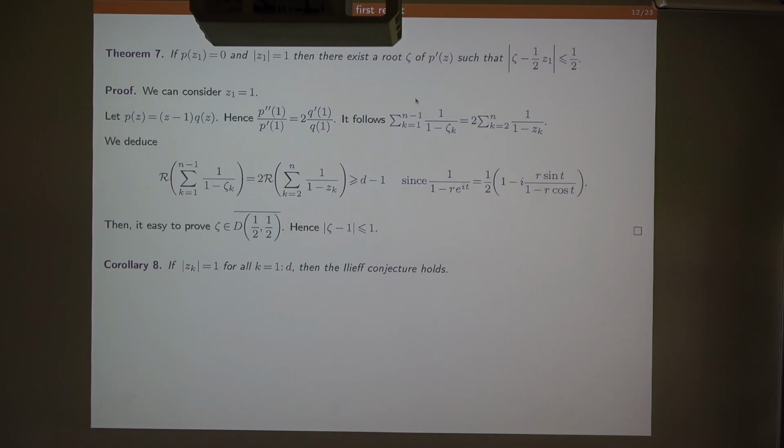The proof is here, but I don't detail the proof. It's very, very easy. The important point is if all the zk are in the unit circle, then the Ilieff conjecture holds.